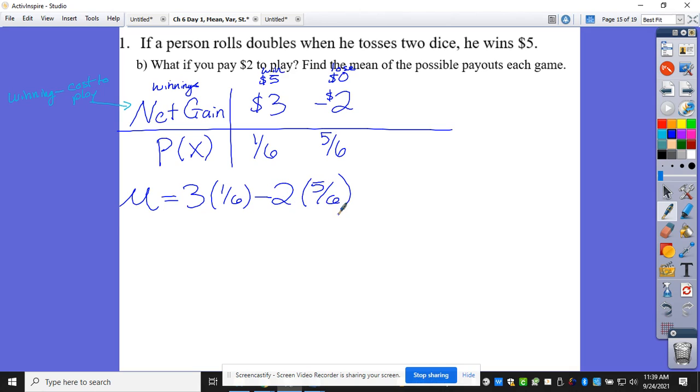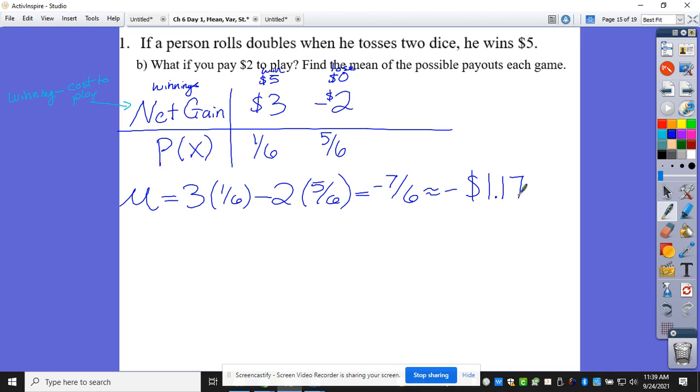So I have negative 10/6 plus 3/6, which as a fraction is what? Which as money is. Yeah. What do you notice about that? Does that number stand out or make sense at all?